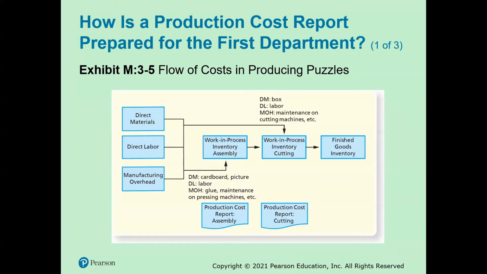Materials: cardboard, picture. Direct labor. Manufacturing overhead: glue, maintenance on the pressure machines, and so on. Now, these costs are on the production cost report for assembly.